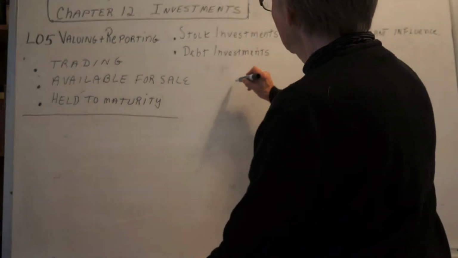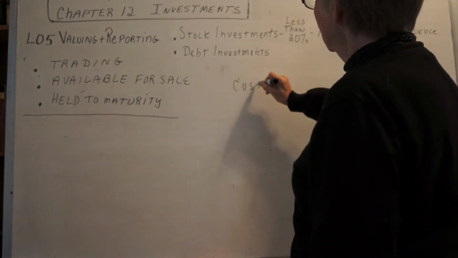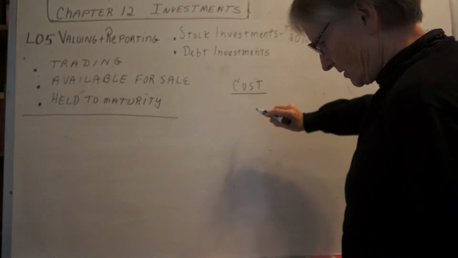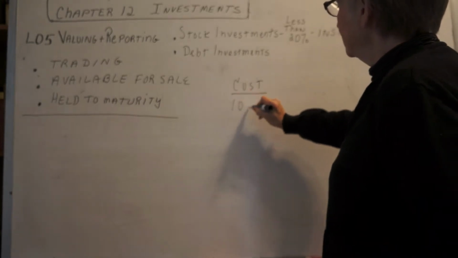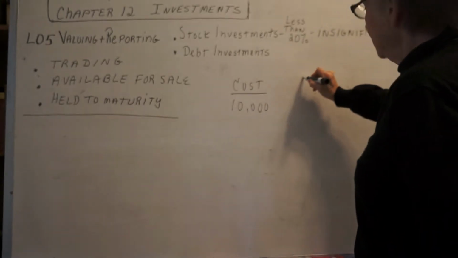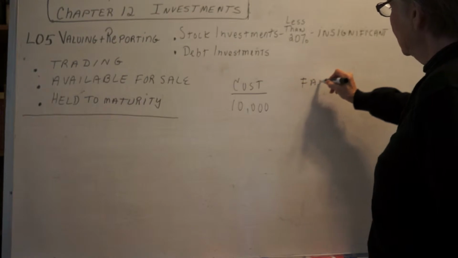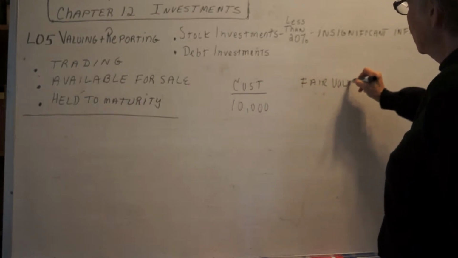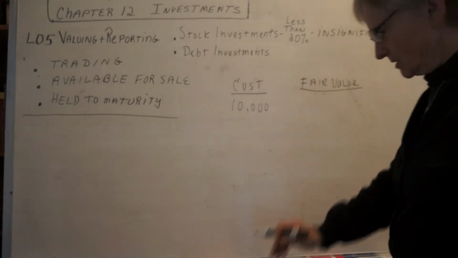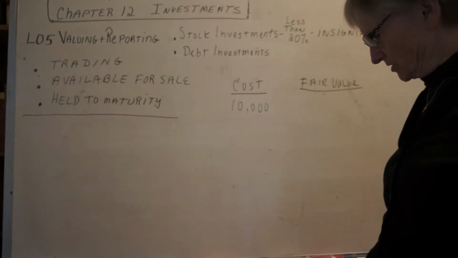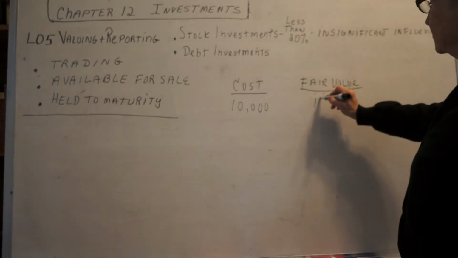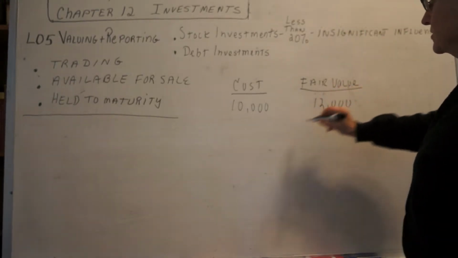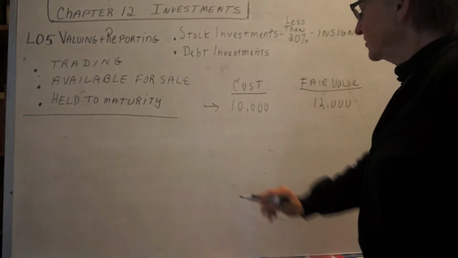Let's say that the original cost of our trading securities was $10,000, and the current fair value right now, if we went and looked it up on Google Finance or whatever, was $12,000. This is what it's on our books for now, the $10,000.